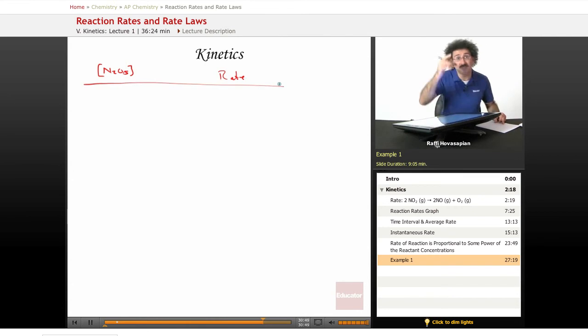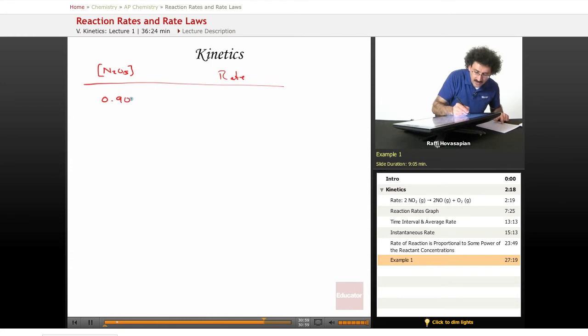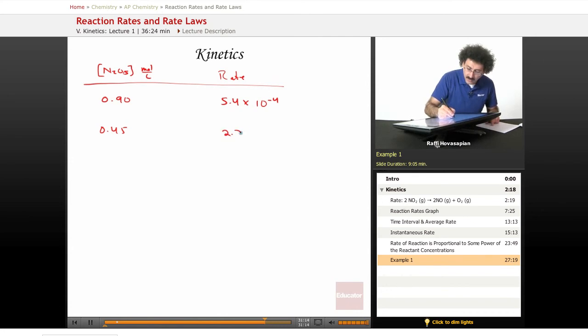Remember, you draw tangent lines at a given point, you measure the rate at that point, and you measure the rate someplace else. At a concentration of 0.90 moles per liter, the rate ends up being 5.4 times 10 to the negative 4. At 0.45, it is 2.7 times 10 to the negative 4.